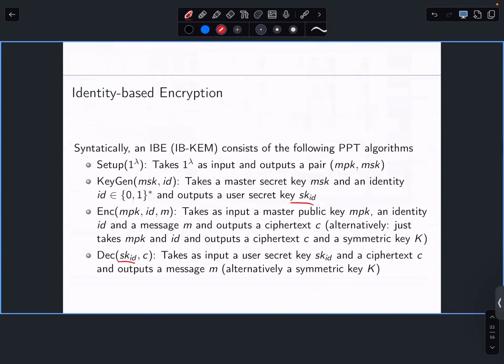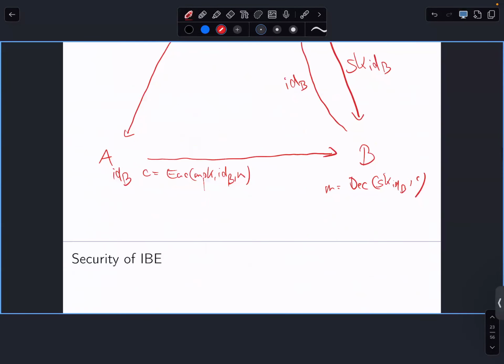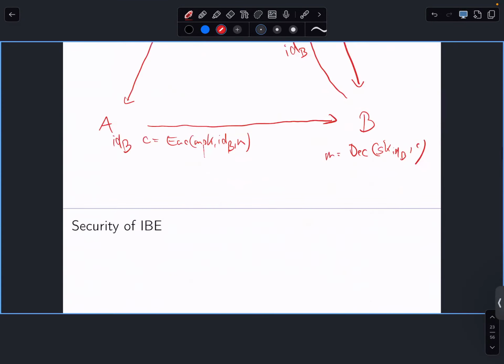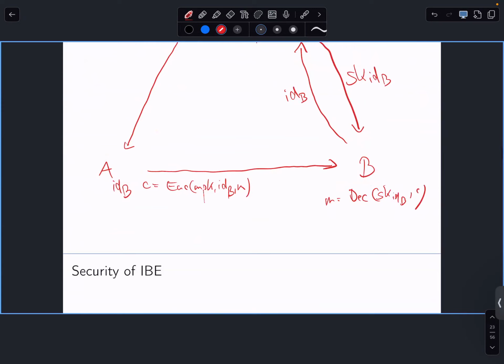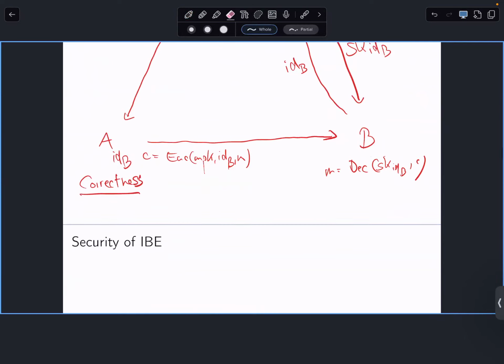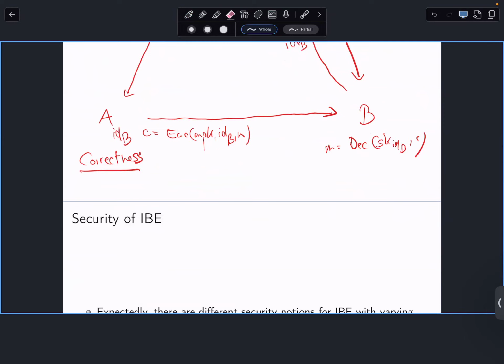And in terms of correctness, we're jumping here already ahead of security. Correctness is exactly this, right? We're asking for all messages.